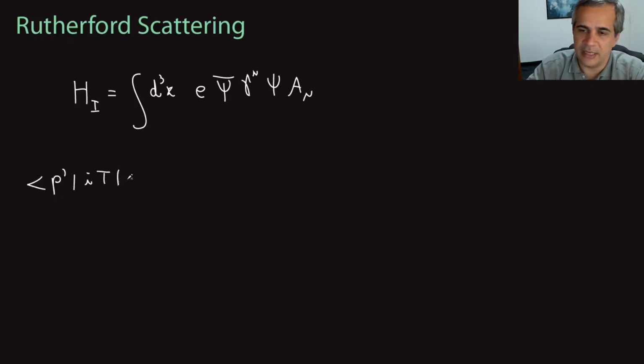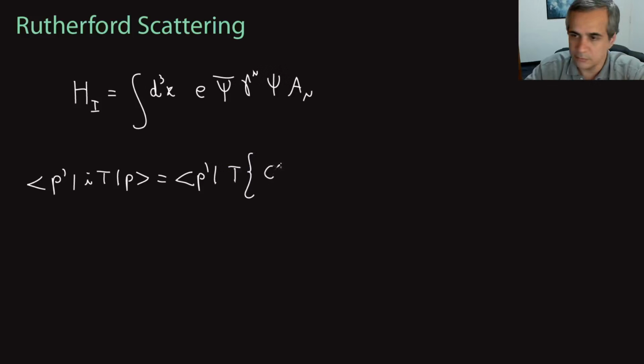Because again, the dynamics of the nucleus does not interest me, and also, I'm not interested in individual photons. I know that this scattering is done by low energy photons, which is what you had in quantum mechanics, right? So this guy I can rewrite in this way, dt, where H_I is the one above.